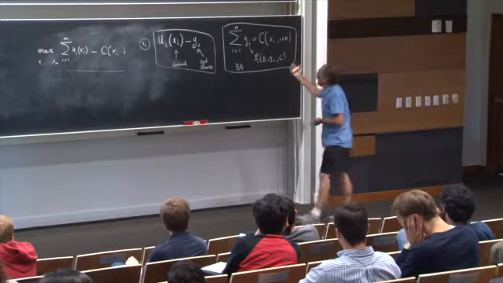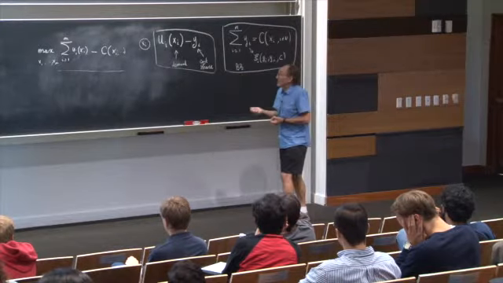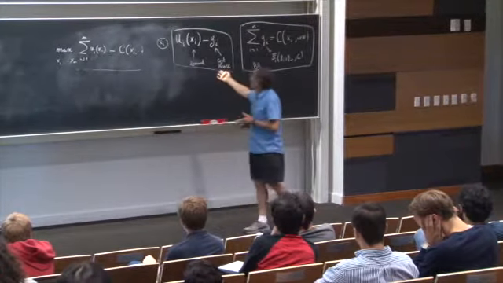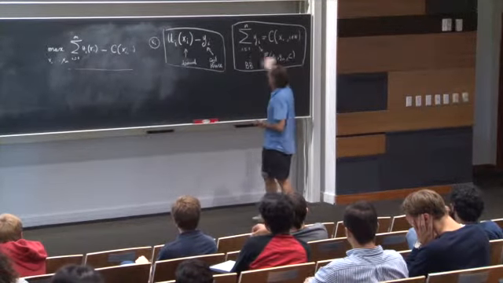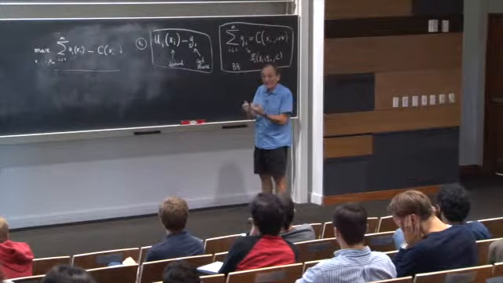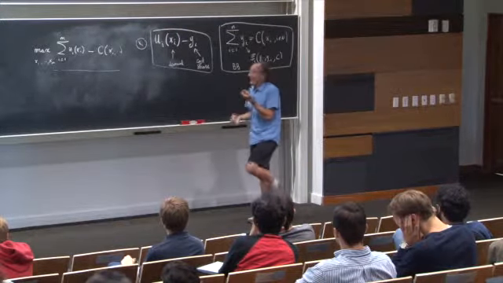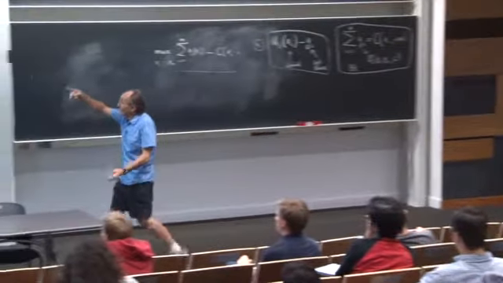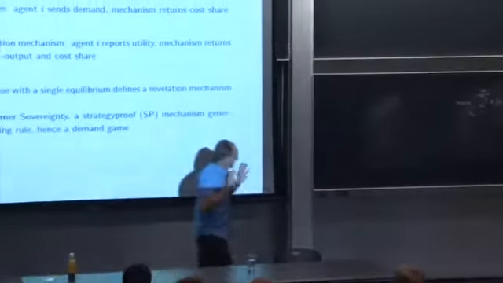So a cost-sharing method defines a demand game. Now, if it happens that this demand game has a unique equilibrium for certain types of cost function and utilities, then this unique equilibrium allows me to define a direct revelation mechanism. Again, this is an important point.